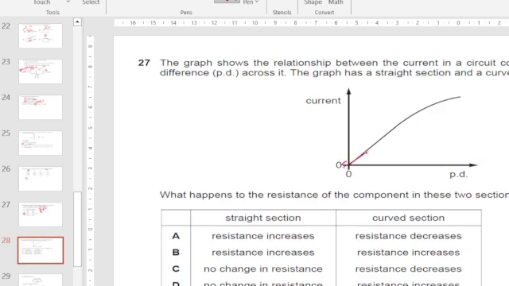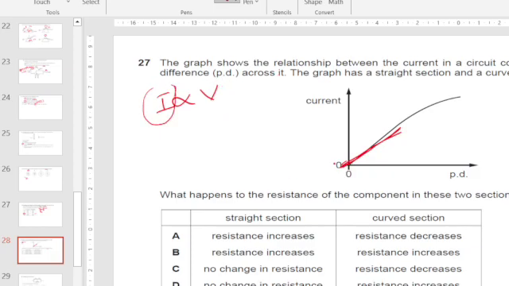So this part is said to be a perfect ohmic component, which completely obeys Ohm's law, which states that I is directly proportional to V. As the VI graph is a straight line, Ohm's law is applicable only to this part, which states I is proportional to V. In this part, as current increases, voltage also increases.